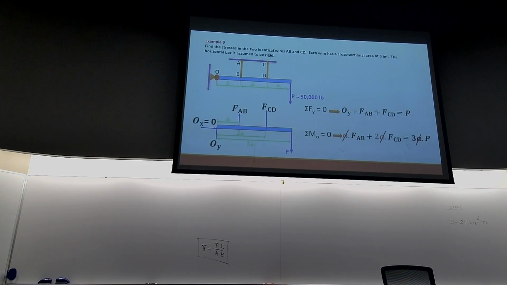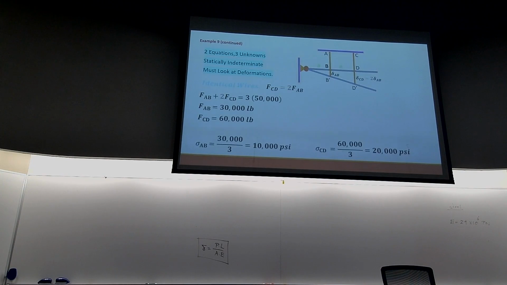In other words, if we look at the system after it deforms, this is deformation of AB, delta AB. This is delta CD. Tangent of this angle is going to be delta AB divided by a. And it's also delta CD divided by 2a. So that means delta for CD is 2 times bigger than delta of AB.